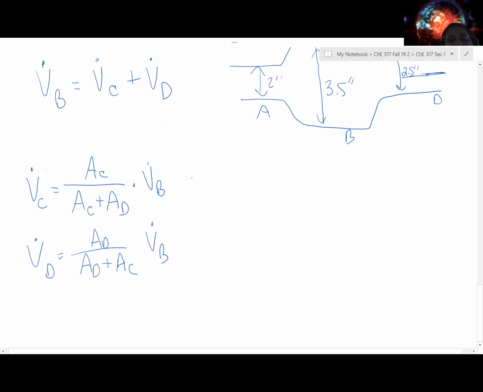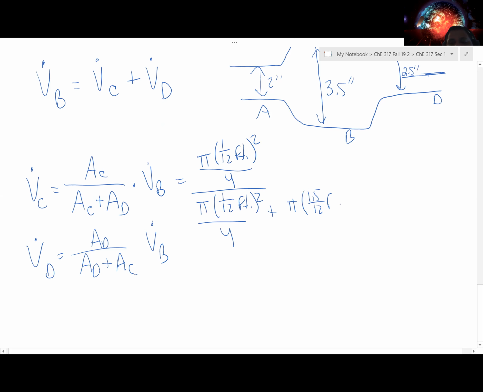So if I solve for the volumetric flow rate of C, it would be pi times (1/12 feet) squared over 4, divided by pi times (1/12 feet) squared over 4 plus pi times (1.5/12 feet) squared over 4, times 25 gallons per minute, which if you do this calculation, you should get approximately 7.7 gallons per minute.